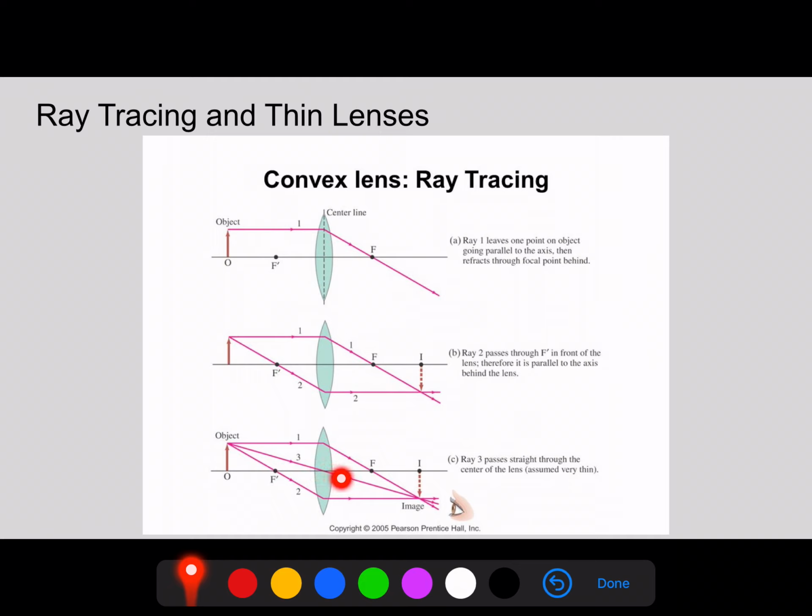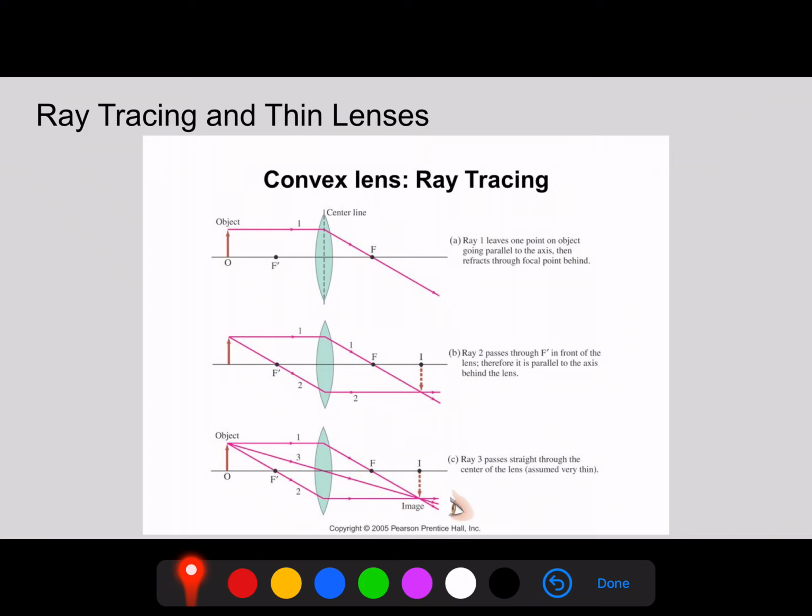And then the third ray hits the lens in just such a way that the refraction as it enters and leaves ends up making the ray continue on its original path, and you can see that all three of these rays in your ray tracing diagram converge on a single point. Since they came from the tip of the arrow of the object, that corresponds to the tip of the arrow for the image. And just as we did with mirrors, we're able to conclude that sometimes this results in an upside down or inverted image, as is the case here.